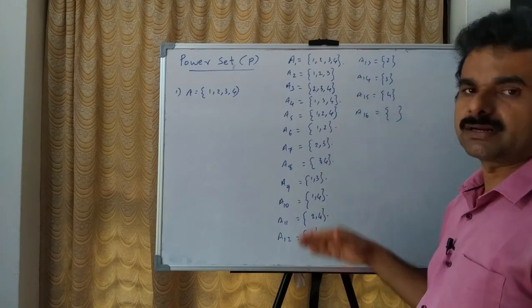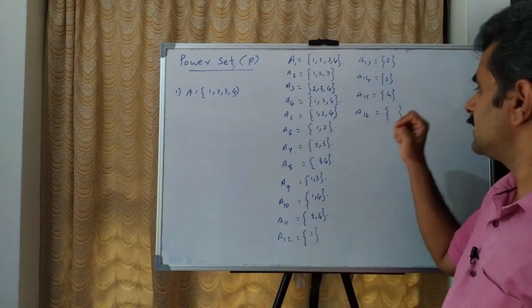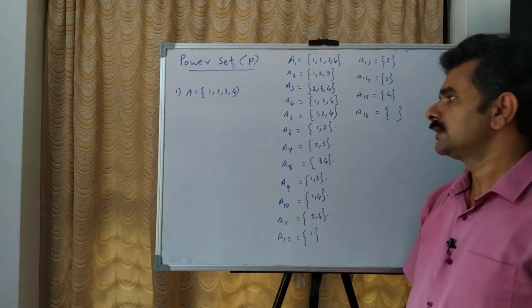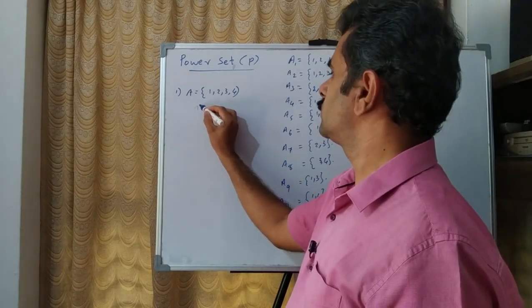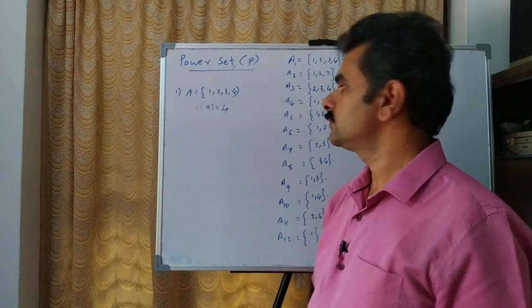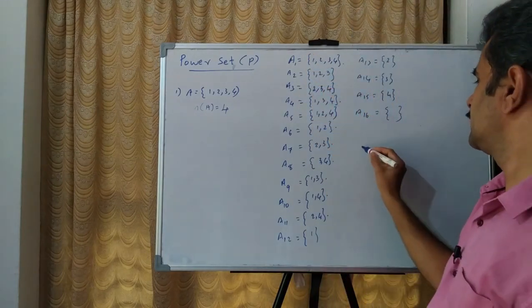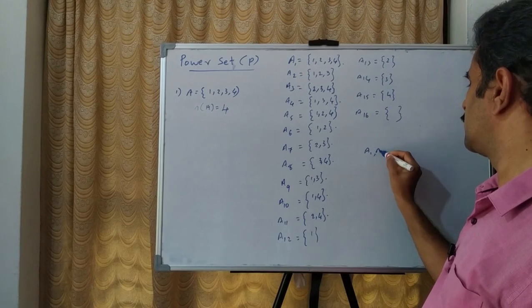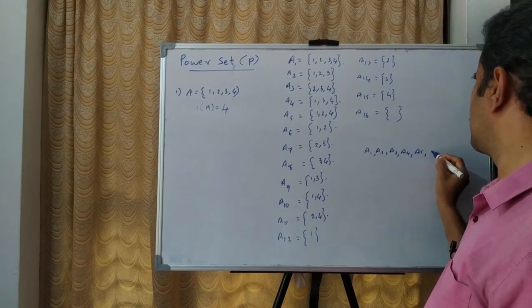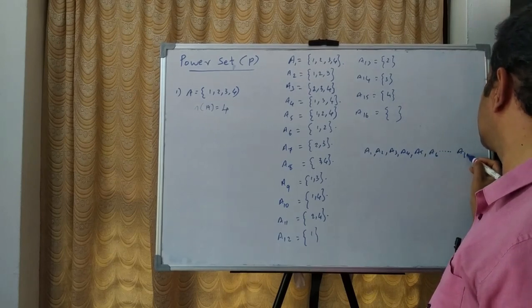All the subsets were listed out here. So I have got 16 subsets for this set. Here the number of elements in A is equal to 4, and now I got 16 subsets, which are A1, A2, A3, A4, A5, A6, etc., up to A16.